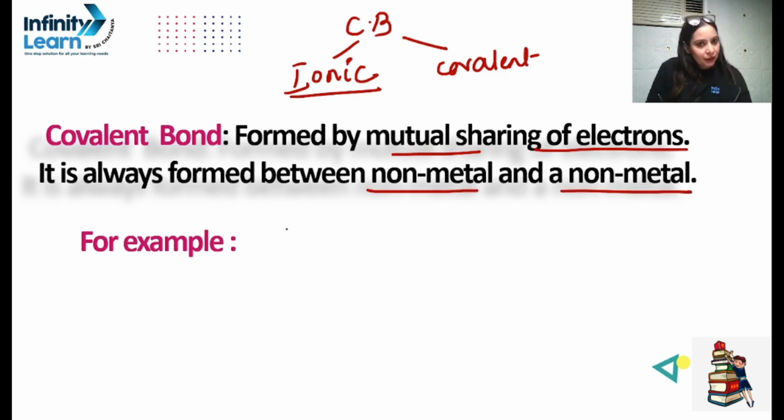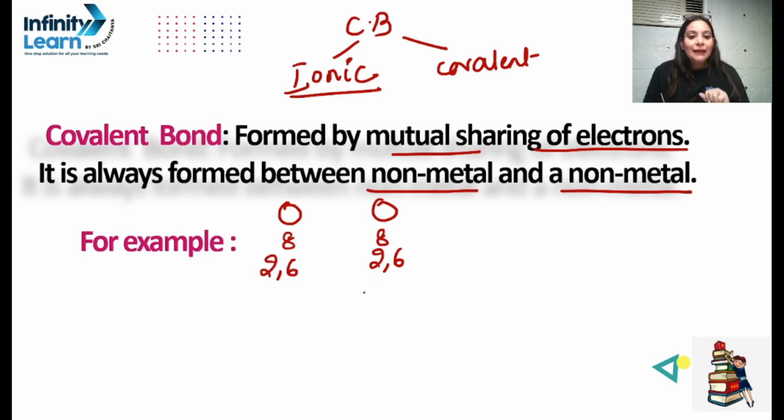Okay, let me give you one example. For example, oxygen exists as an oxygen molecule, O2, two O atoms combined to form one O2. The atomic number of oxygen is 8, and the configuration is 2,6. Now you know that it is not stable because each of them needs 2 electrons to attain stability.